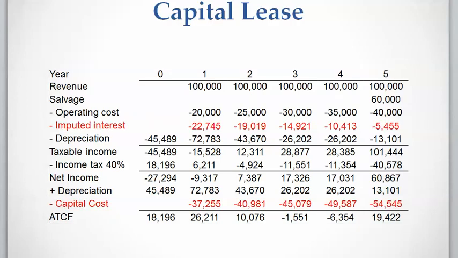Again, please note that the $60,000 of annual capital lease payments we break down into two portions: the interest portion and the principal portion. The interest portion is deductible from revenue as tax deduction, and the principal portion has to be entered in the table as the capital cost.